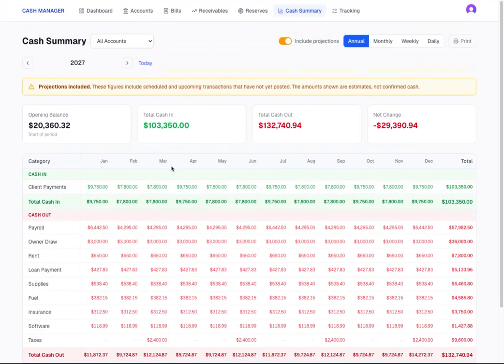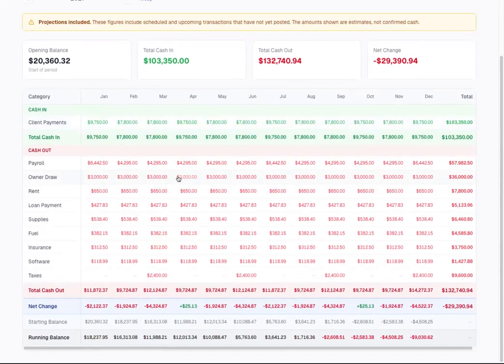So next year, we lose our one-off projects and we just have our weekly clients. Now we can see that if payroll stays the same, we take the same money out of our account, and all of our other bills stay the same, then we are actually going to overrun and spend our money past the money that we have coming in on the account.